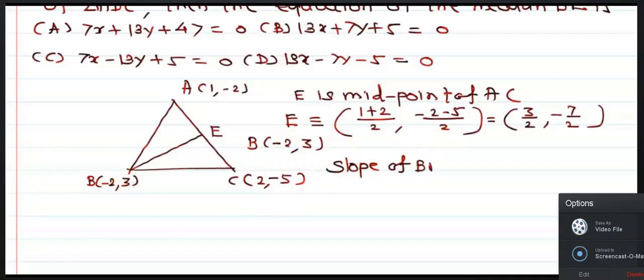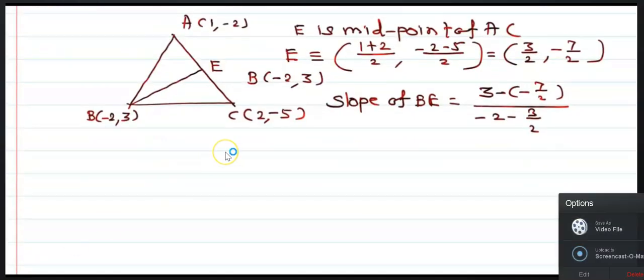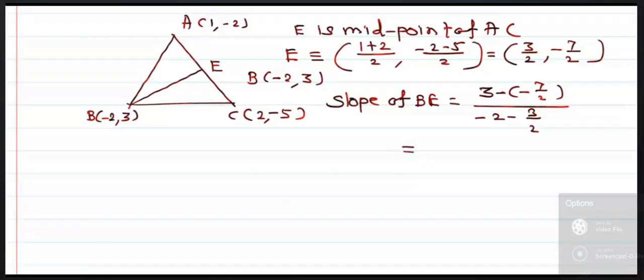Now we'll find the slope of BE. That is the difference of y coordinate upon difference of x coordinate. That is (3 minus (-7/2)) upon (-2 minus 3/2) and then simplify it.